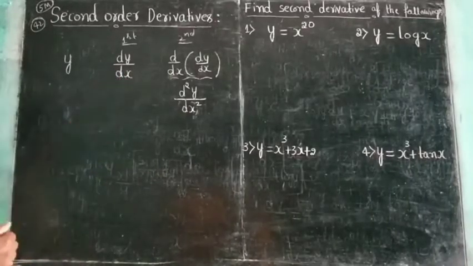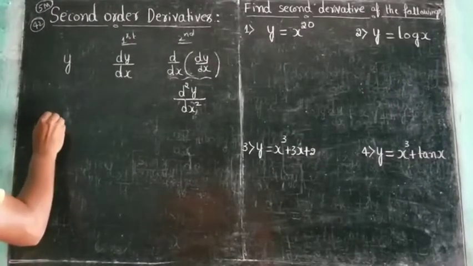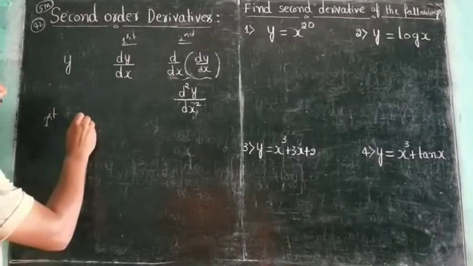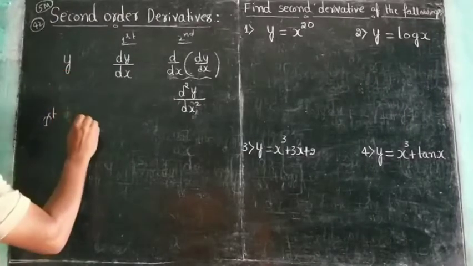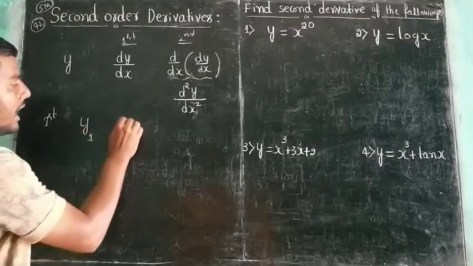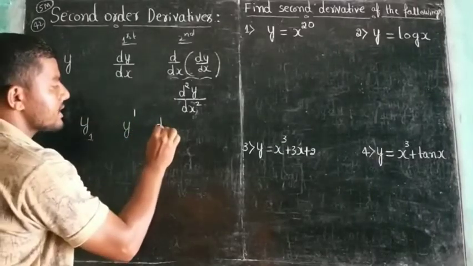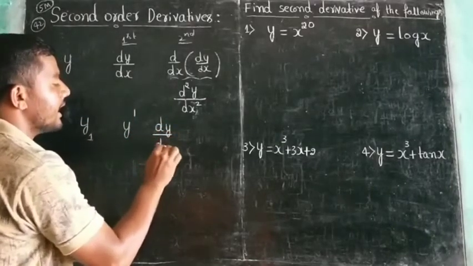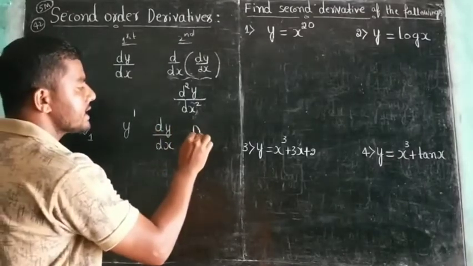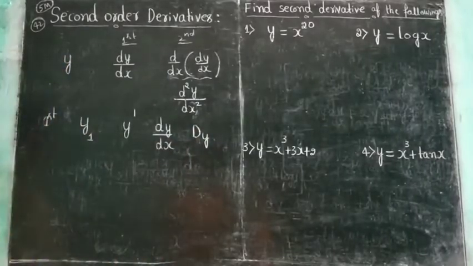Now for the first order derivative. If y is there, then the first order derivative is denoted by y1, or y dash, or dy divided by dx, or dy.